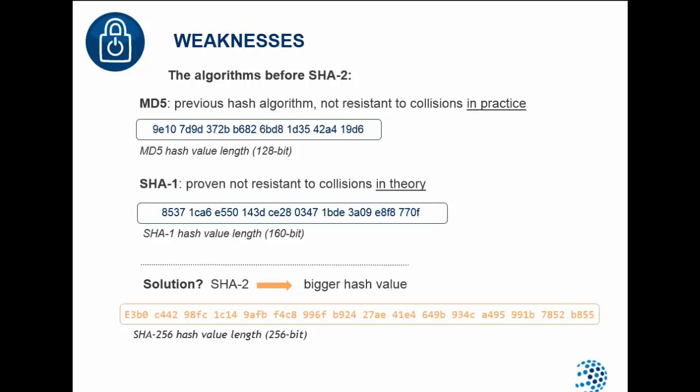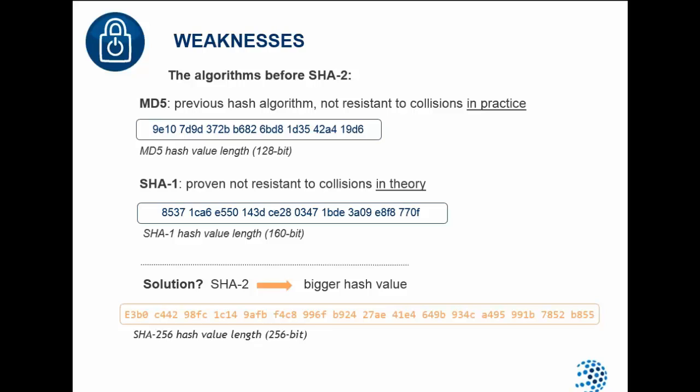There were algorithms used previously before SHA-2, one of them being MD5, which was not resistant to collisions in practice. MD5 used a 128-bit hash length value.